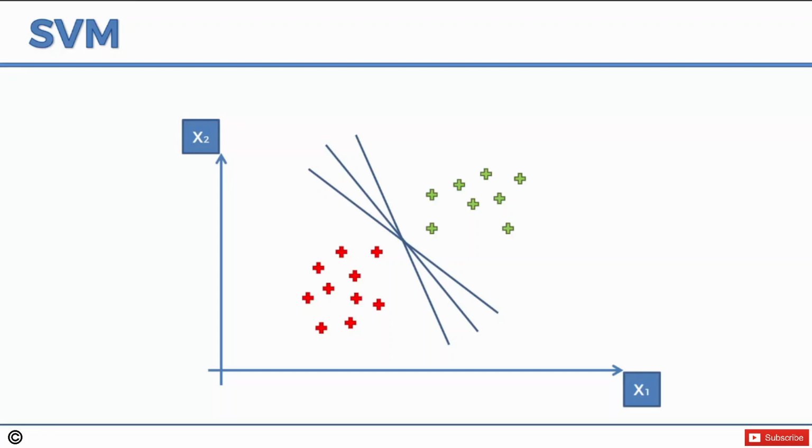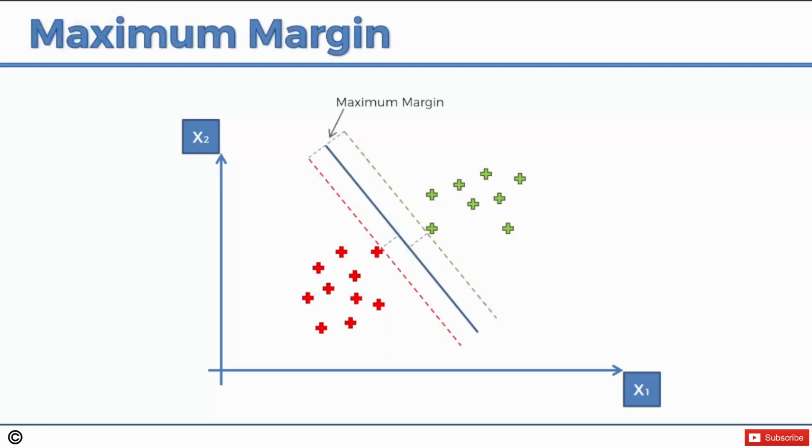So let's find out how the SVM actually searches for this line. Well, the line is searched through the maximum margin. So here you can see a line, and this is the line an SVM would draw. It's the line that separates these two classes of points, and at the same time, it has the maximum margin, which means this distance.